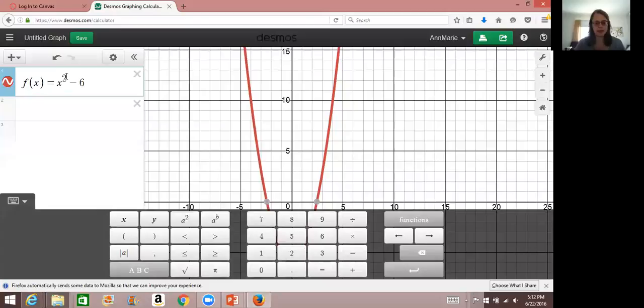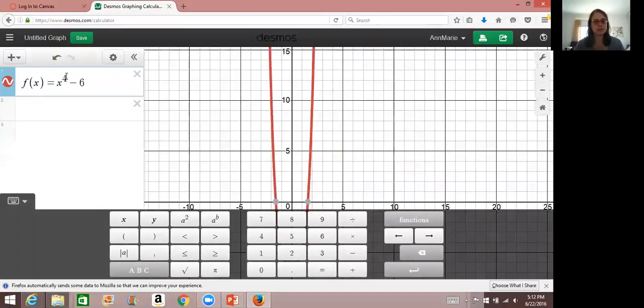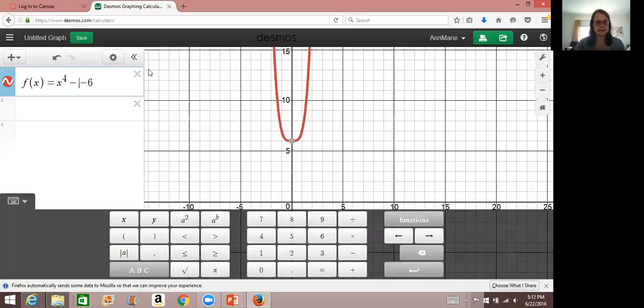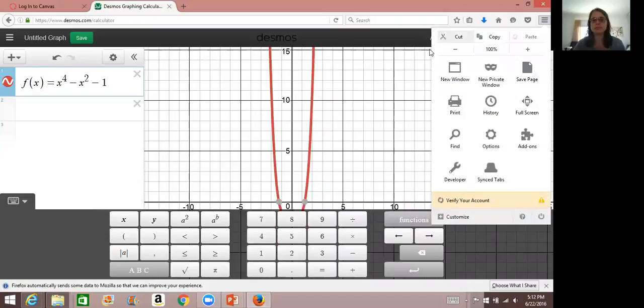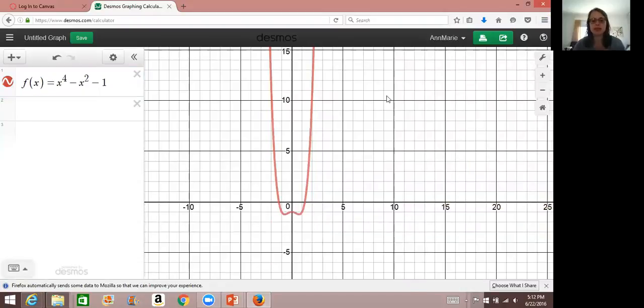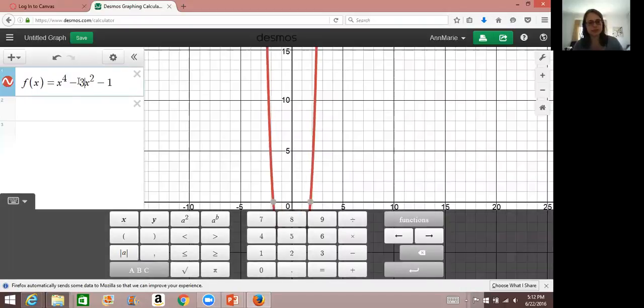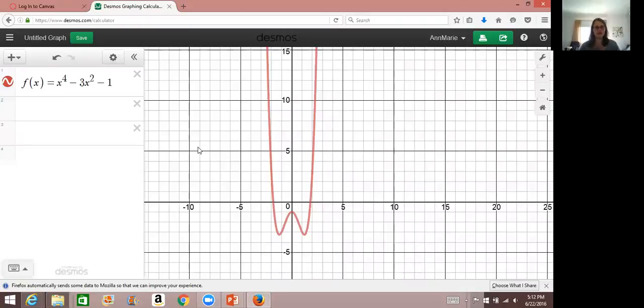Okay? There are other examples. Let's see. This is another example of a function that is symmetrical about the y-axis.